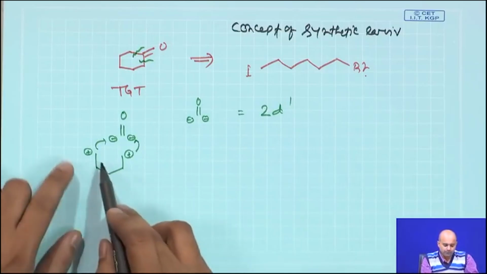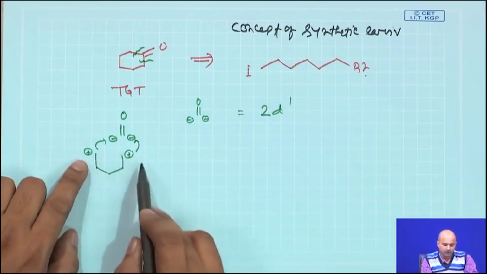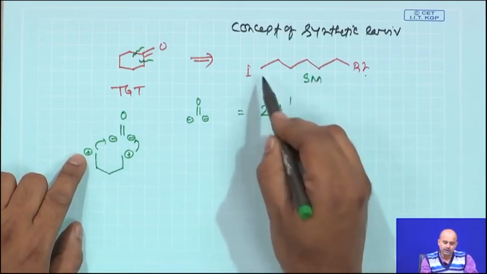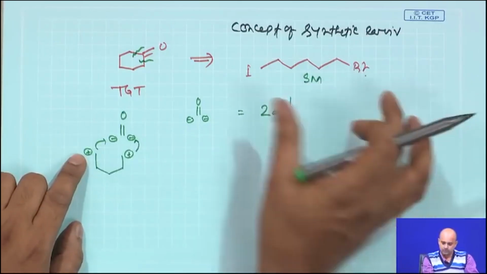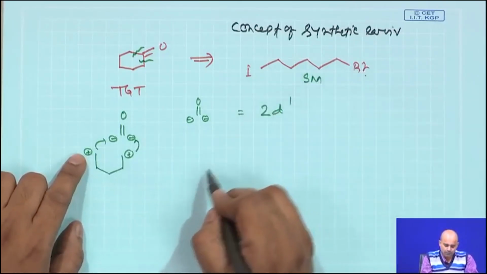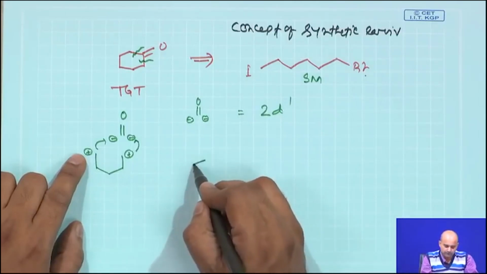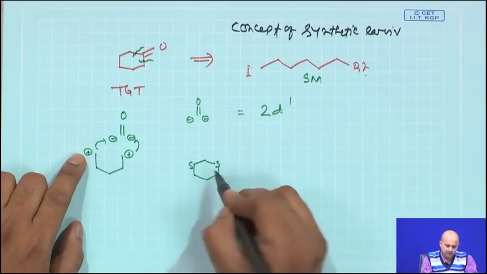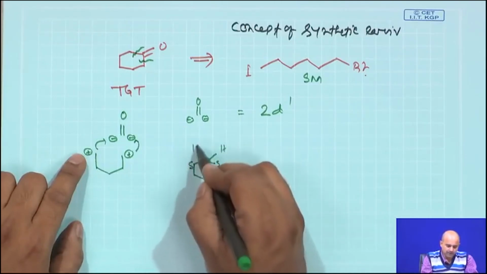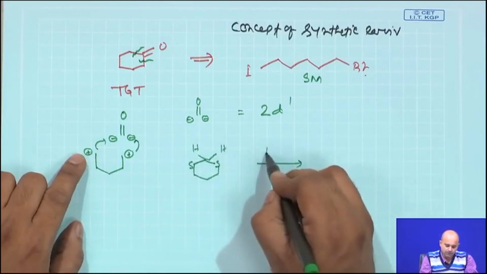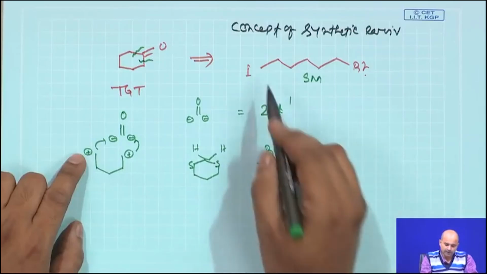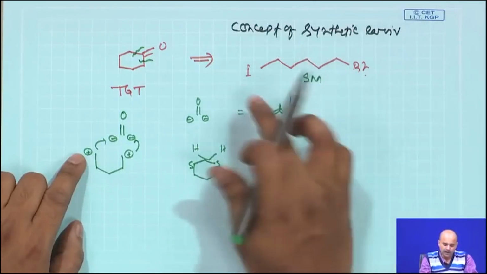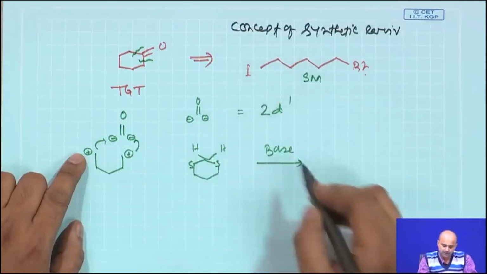Now, if you correlate this to the C5 synthon, which has a double positive charge, this is the starting material, with one end having iodo and one end having bromo. So, what exactly will you do in this synthesis? You first take the formaldehyde 1,3-dithiane, react with 1 equivalent of base and react with this iodo or bromo; the iodo is supposed to be more reactive.